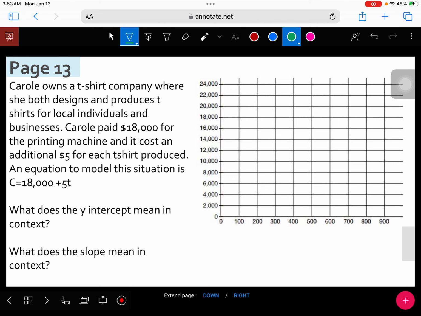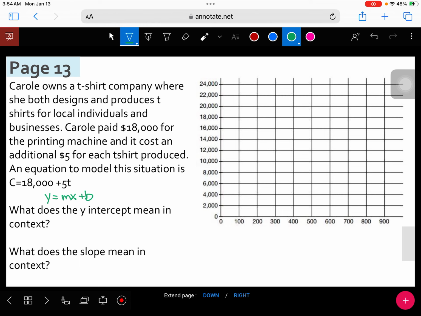All right, so if I were to liken this to our linear equation, I'll pause for a minute so you can think about what is our linear equation. So the linear equation is y equals mx plus b.